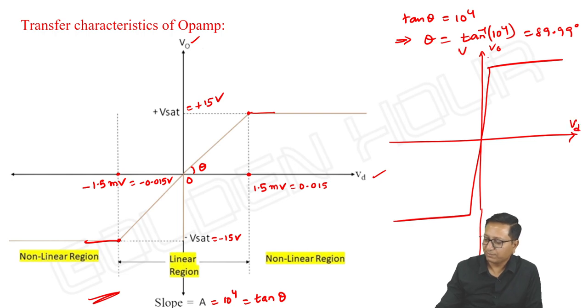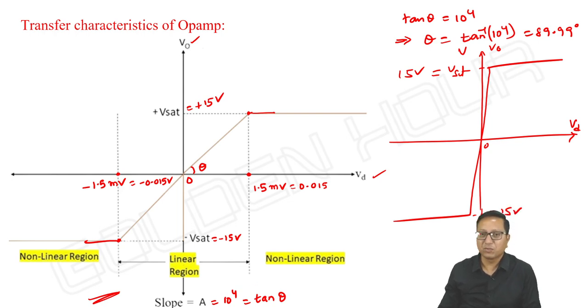VD, V output. This is V saturation, plus 15 volts, and 0, and minus 15 volts. Almost like a vertical line, 89.99 degrees. You see.